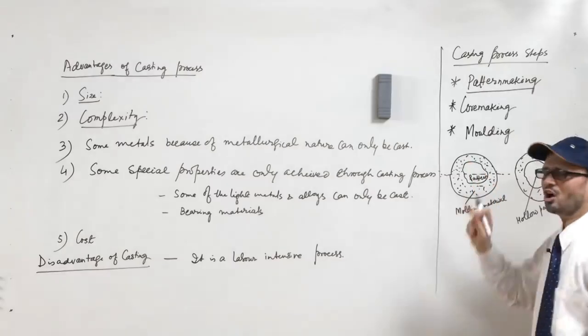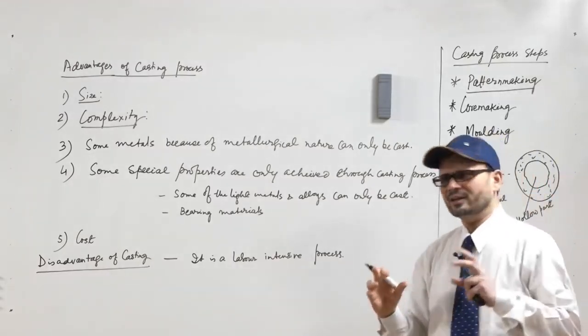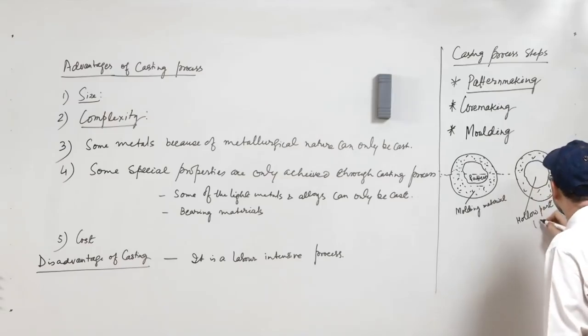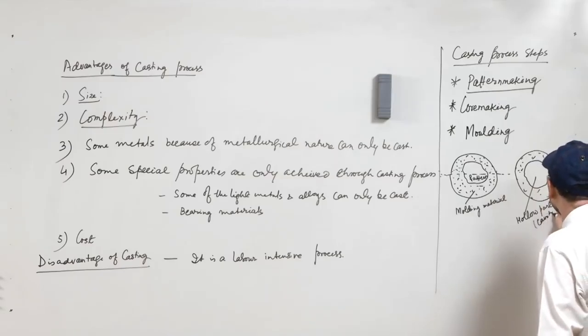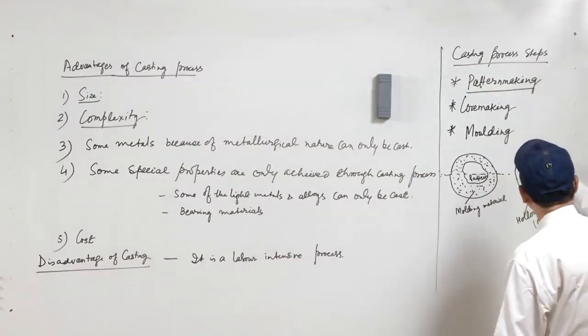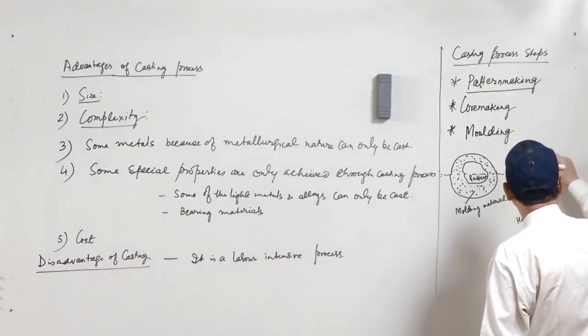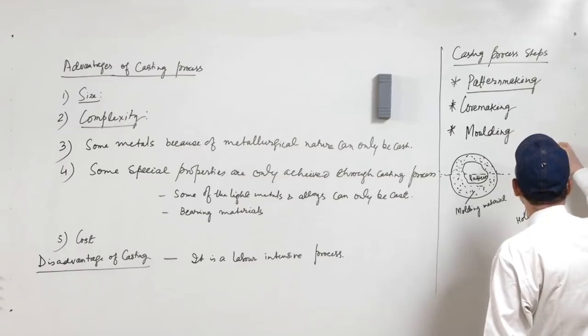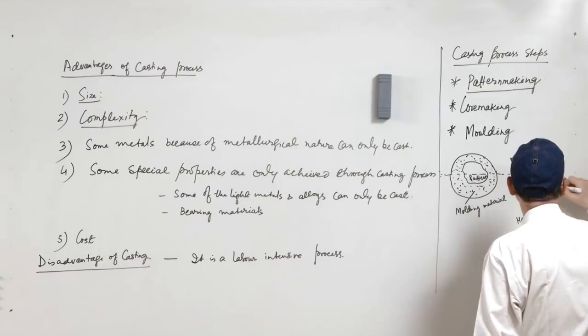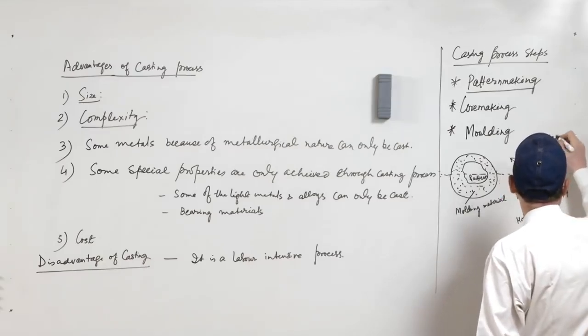Once we draw this pattern from it, then this becomes a cavity, and this cavity is where the molten metal is to be poured. This molten metal, once it goes here, will try to lose its heat to the surroundings, H, that is heat.